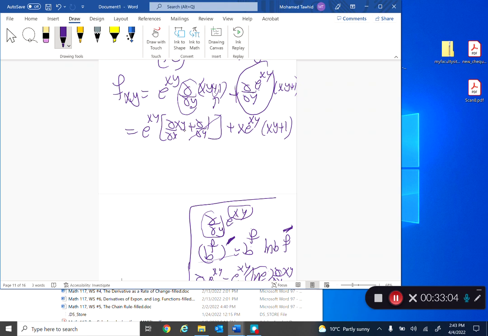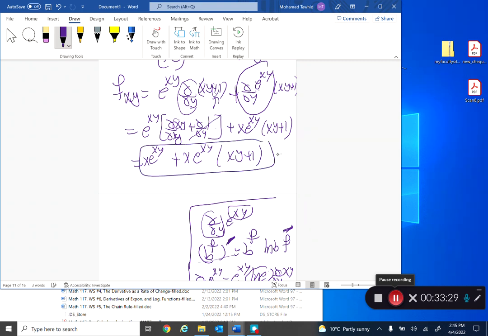Here, I'm taking the derivative with respect to y. Then I consider x a constant, take x outside. So what do you have? You have xy, I'm going to take x out. And here you have x e to the power xy and xy plus 1. Just leave it like this. You don't need to simplify. I'm happy just to do it like this.